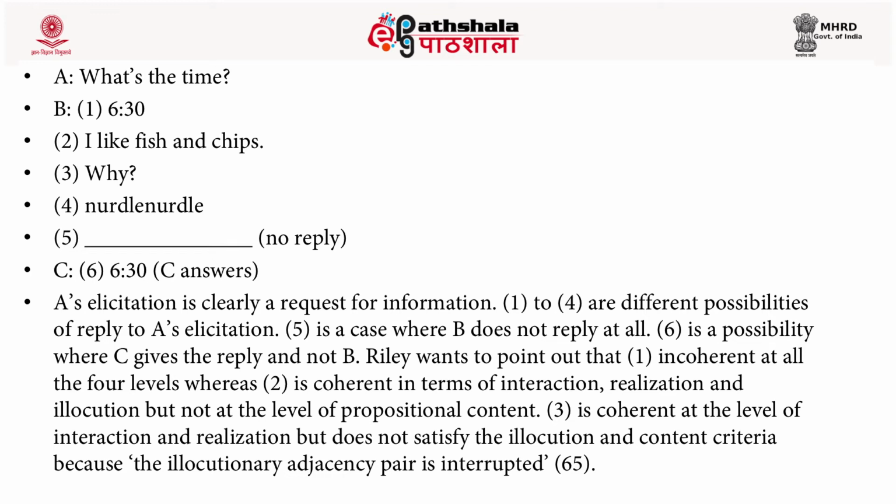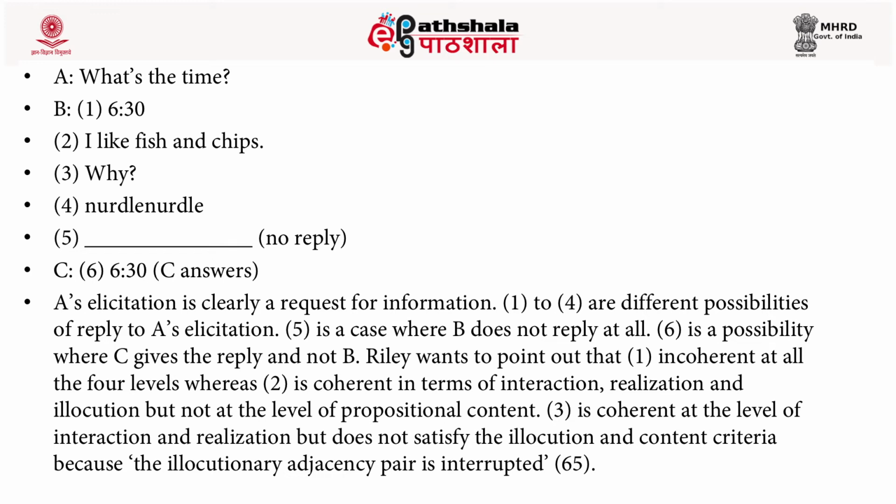But in this case, it's not B but C who answers. A's elicitation is clearly a request for information. 1 to 4 are different possibilities of reply to A's elicitation. 5 is a case where B does not reply at all. 6 is a possibility where C gives the reply and not B.